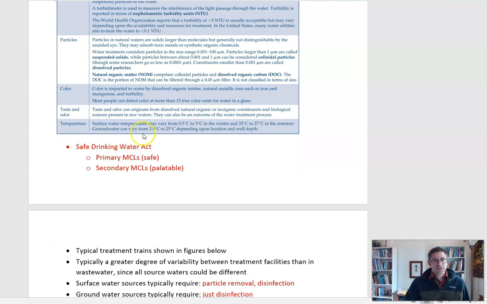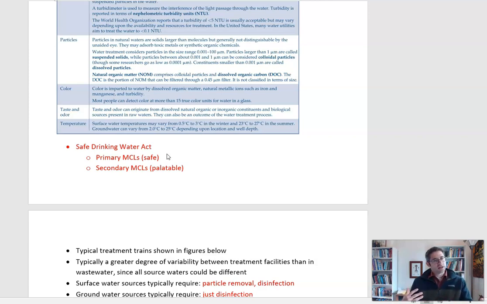So Safe Drinking Water Act regulates drinking water. We have what are called primary MCLs, or maximum contaminant levels. These are limits, criteria that have been adopted as water quality standards that protect human health. So, for example, nitrate has a primary MCL of 10 milligrams per liter as N to protect against the acute effects of blue baby syndrome.